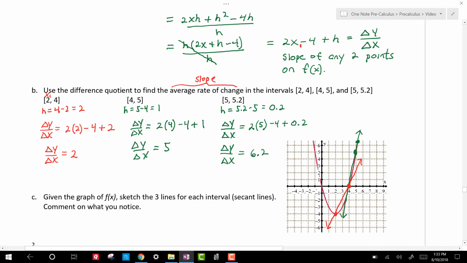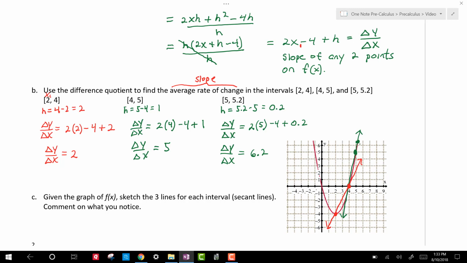So you can tell already that I didn't even plot that point correctly, because that point isn't even 6.2 higher. As you can see, trying to do this with decimals gets very sticky if you're trying to count rise and run. All right, so this is where your difference quotient is going to come in very nicely.